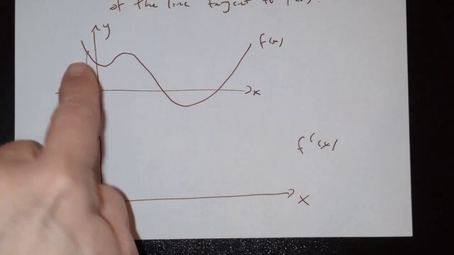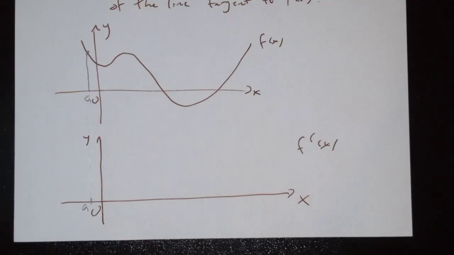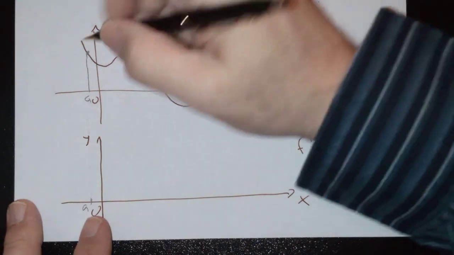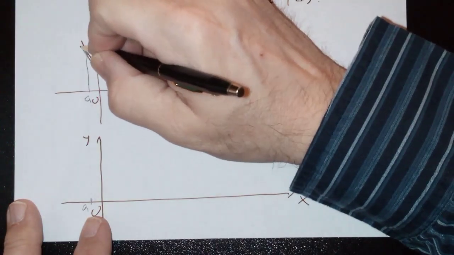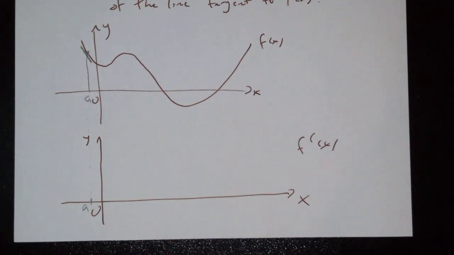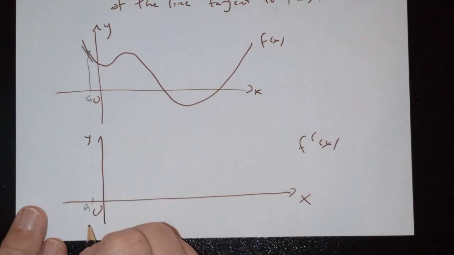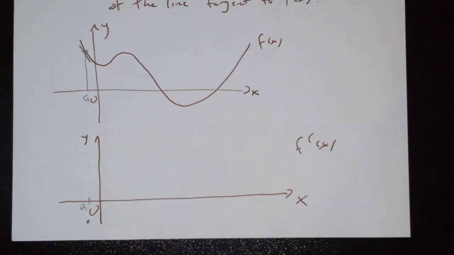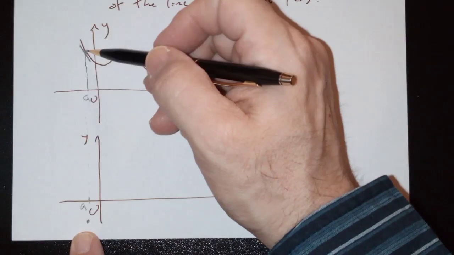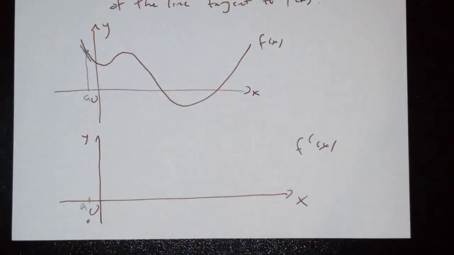What would you get for a slope of a tangent line at that spot? It's negative something, right? My tangent line is going to be going this way. That might be -1, -2, -1.5. I have no idea because I didn't put a scale on this, but it'll definitely be a negative number. So down here, I'll get a negative number. This y value is the slope at this given x value.